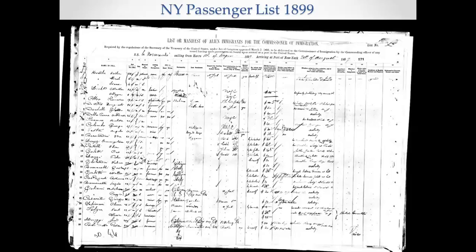So this is a passenger manifest in New York from 1899. This is something that a distant cousin of mine was actually able to help me find. This is the arrival record of my great-grandfather Nathan and my great-uncle Harry, whose first name was Meyer.